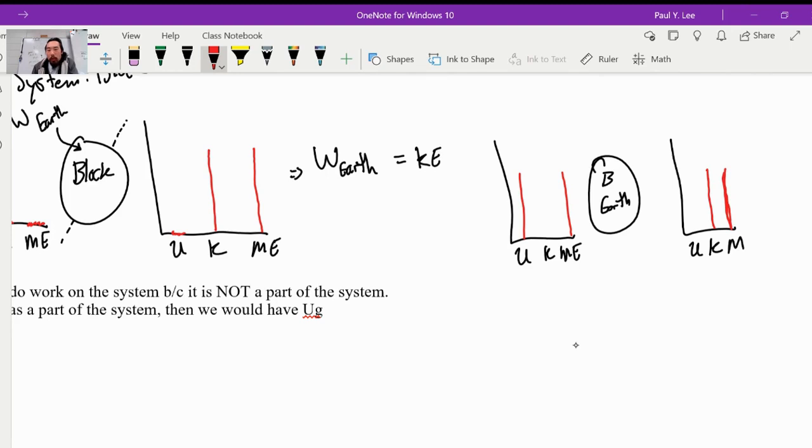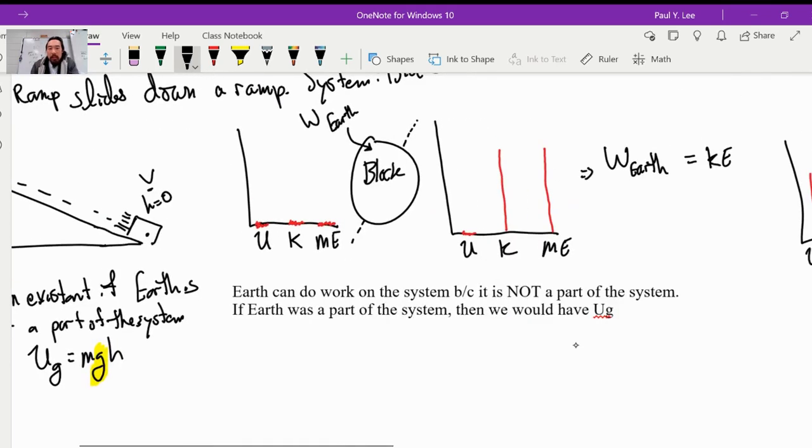Okay, so this is our closed system, because nothing else is interacting with the object. The Earth and the object are all part of the same system, and nothing else is affecting it. Therefore, it's closed. But this here is an open system because the Earth is not a part of the system, and therefore the Earth can interact with it.